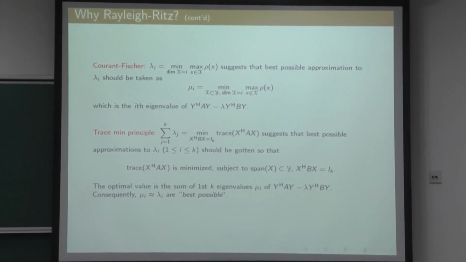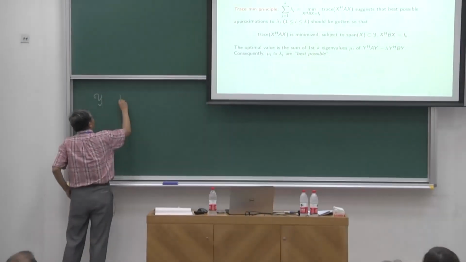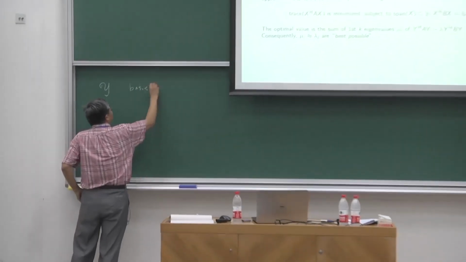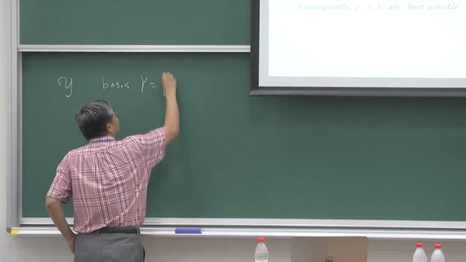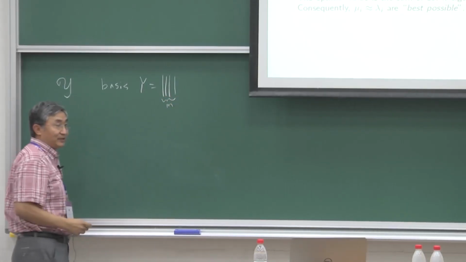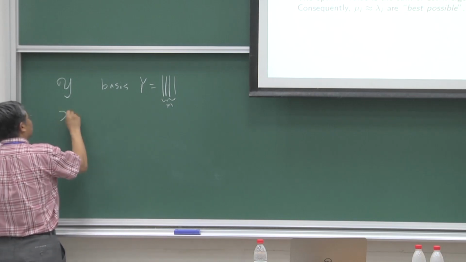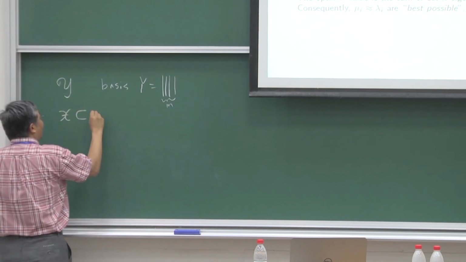How do you do that? We have this subspace Y with a basis Y, which has m linearly independent vectors. Now the subspace X is in Y.